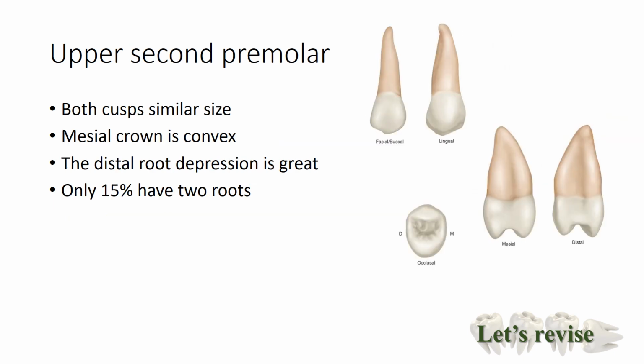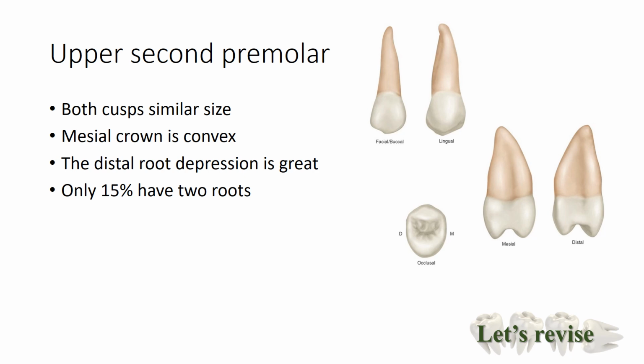If we look at the upper second premolar, now we've definitely got one root because most of the time these are fused. Both of our cusps are a similar size, so we're then looking at my second premolar rather than my first premolar. The mesial crown is quite convex, quite bulky, and there's the distal root depression.